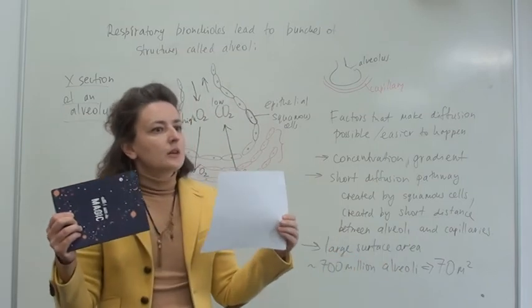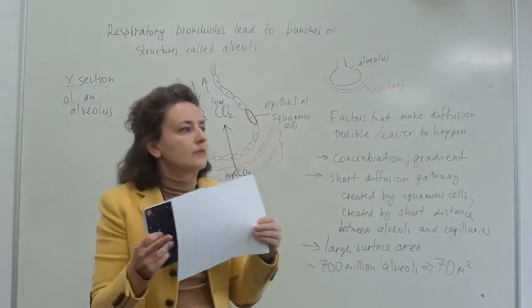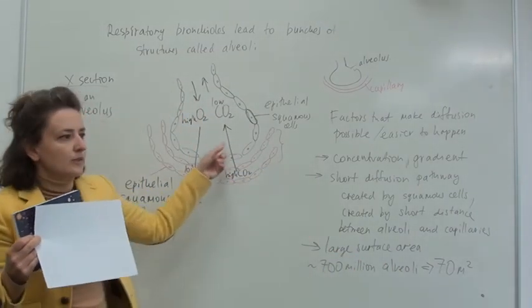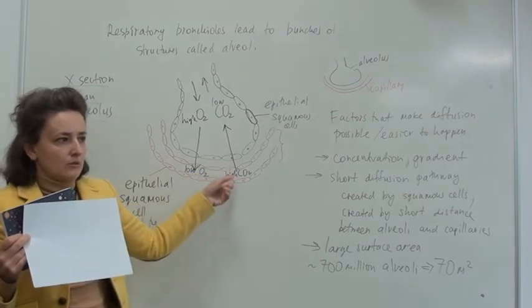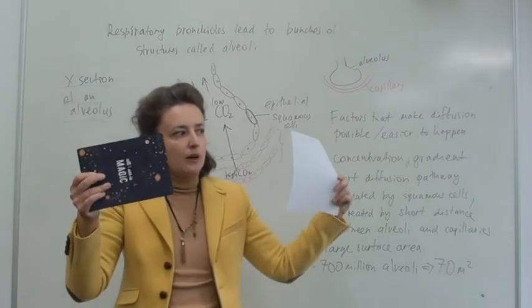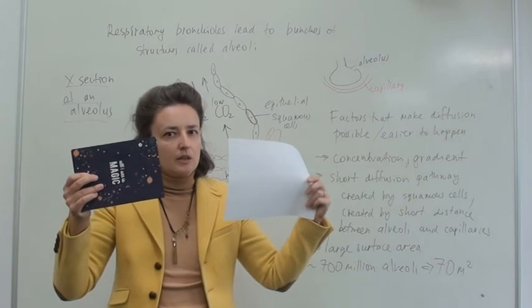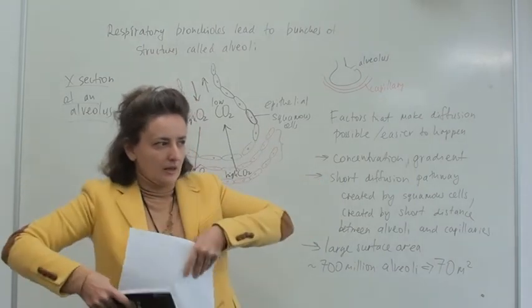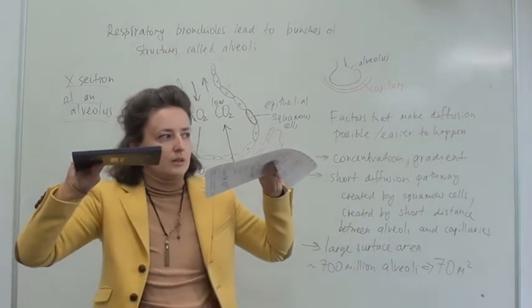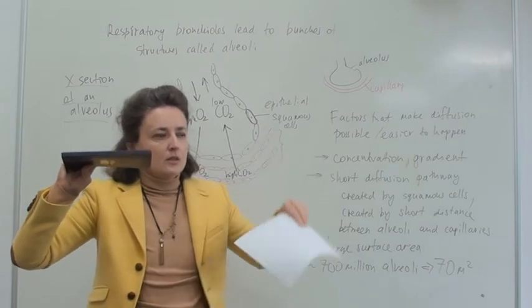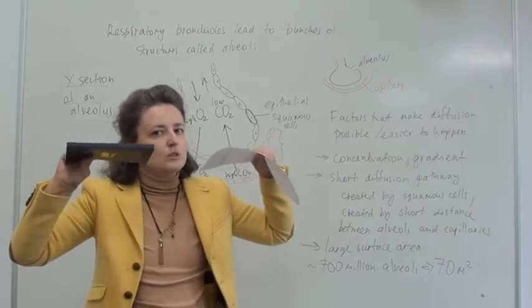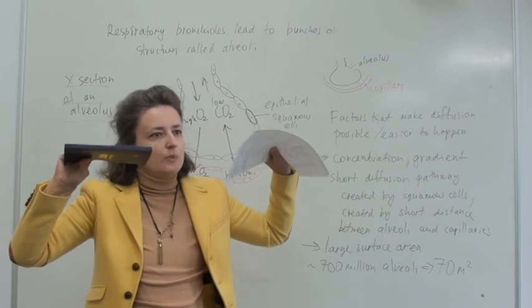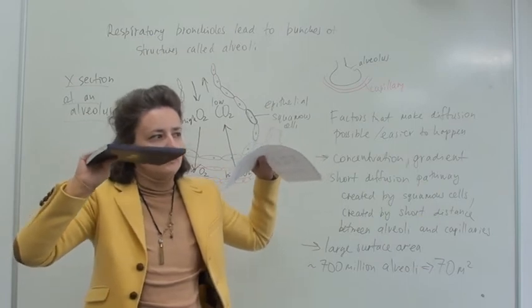Let's now talk about diffusion pathway. That's the distance through which the gases have to go across, right? Now, this is not about looking at my area like this, it's about looking at my area like that, okay? Out of these ones, which has got the shorter diffusion pathway, this sheet of paper or the pad?